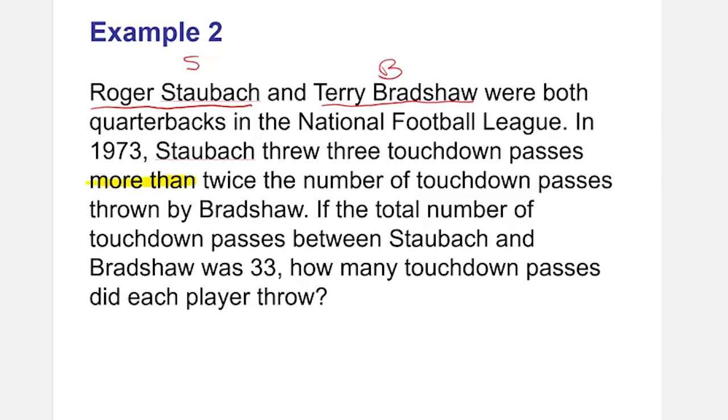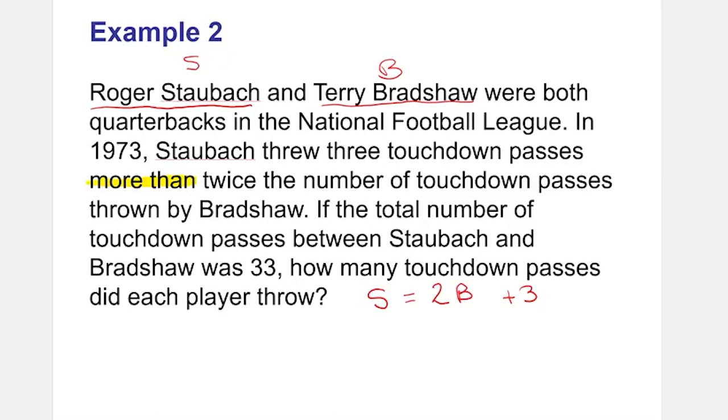Now that's a really important sentence. So we have to get some equation there, right? So we could say Staubach threw 3 touchdown passes more, so equals plus 3, right? More than twice the number of touchdown passes thrown by Bradshaw, right?